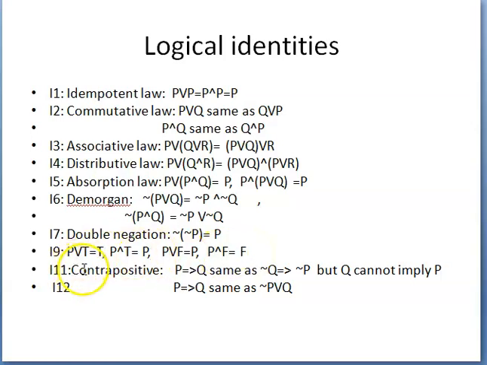Then a very interesting law, that is the contrapositive law, which says P implies Q can be rewritten as negation of Q implies negation of P. And another law is P implies Q is same as negation of P or Q. So all these laws are very important.